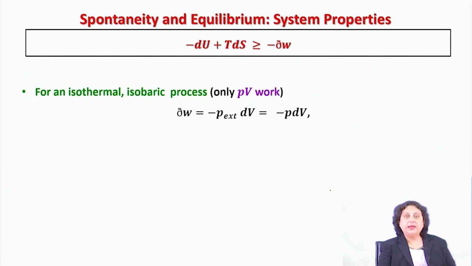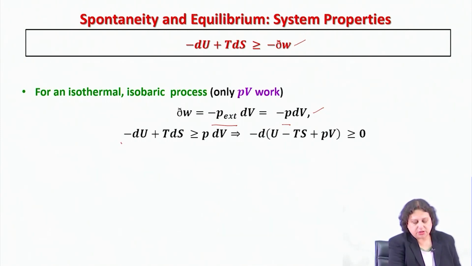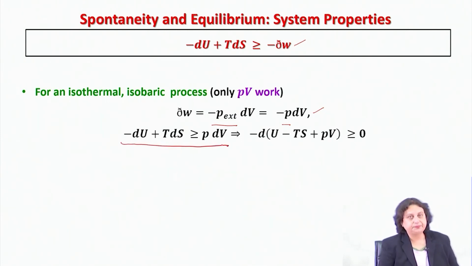Now, if I carry out this process in a reversible fashion, I can replace P external by the pressure of the system. So, in that case, what I will get is as follows. I use this expression in conjunction to the combination of first and the second law of thermodynamics, and that is what I am going to get.